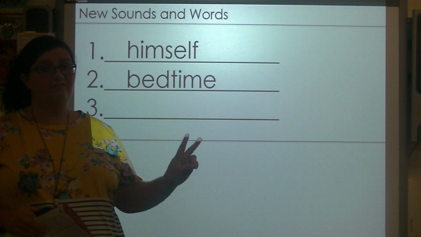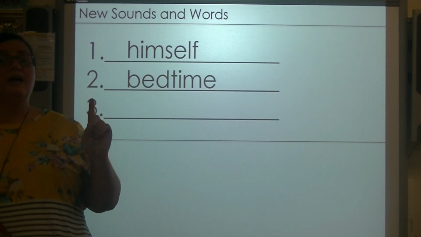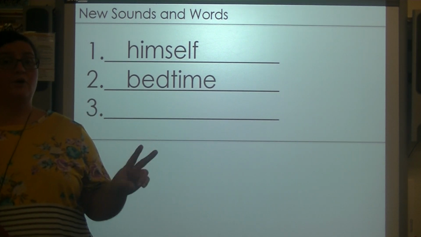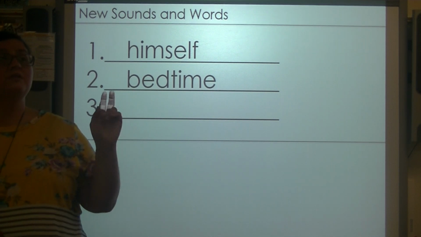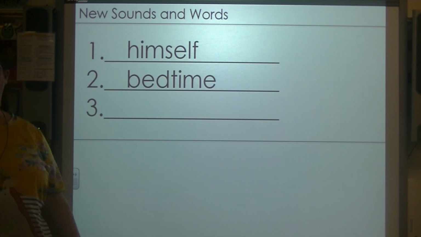Camp and fire. First part, camp. Second part, fire. Put it together and make your compound word, campfire.